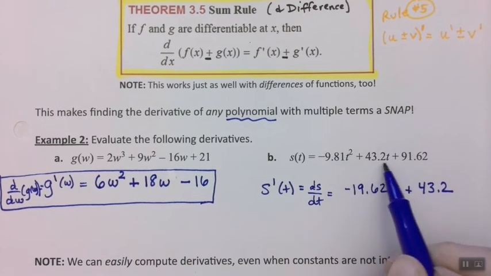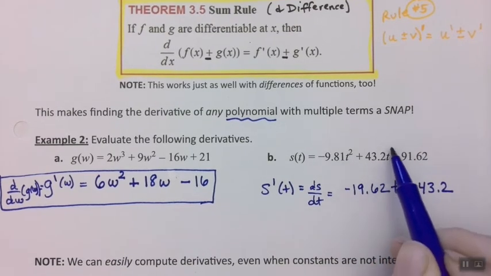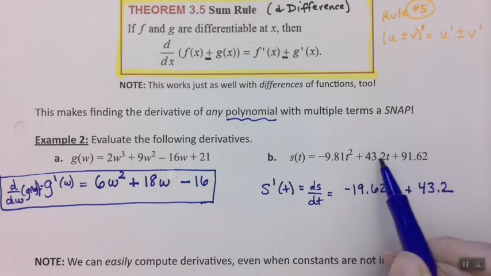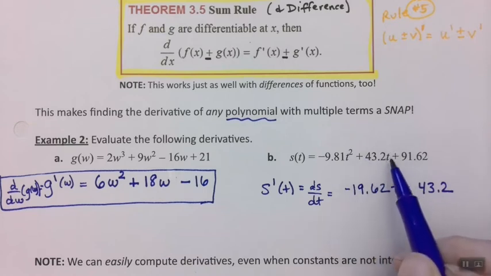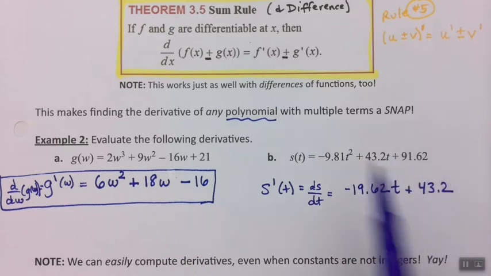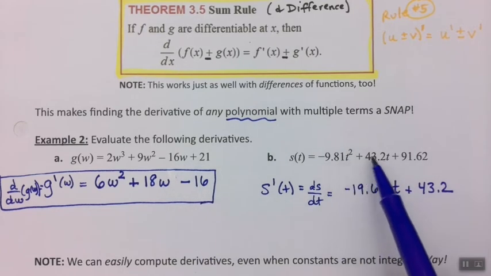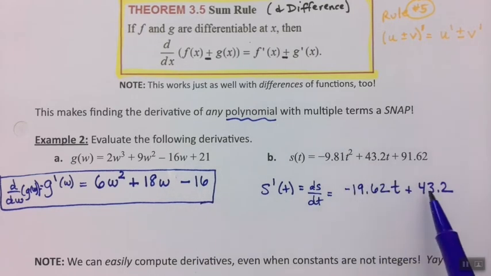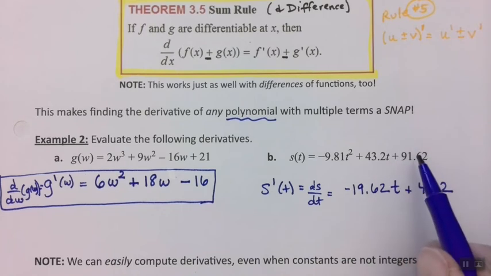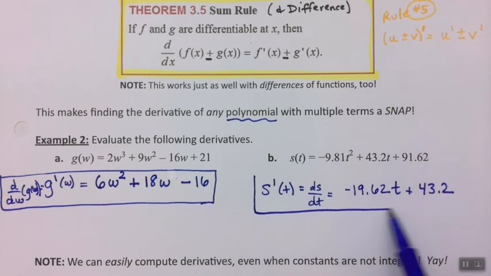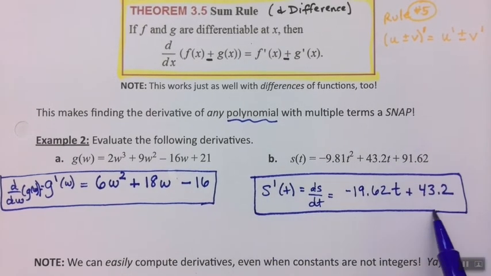That's a constant times t. The t is to the 1 power, so you get 43.2 times 1, t to the 0, which is just a constant. So it's again that linear term. 16w became 16, 43.2t becomes just 43.2, and then plus nothing because the derivative of 91.62, since that's constant, is 0. And we're done.